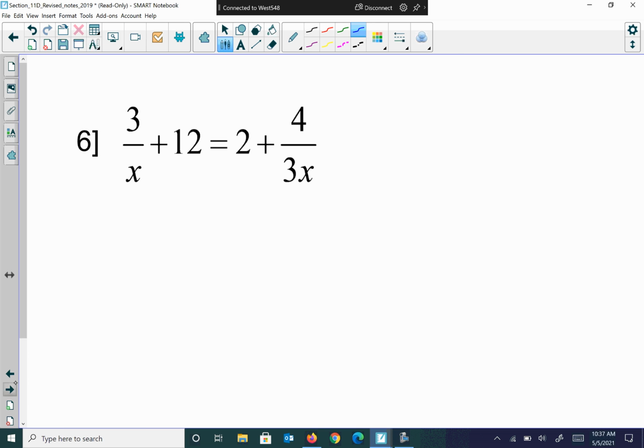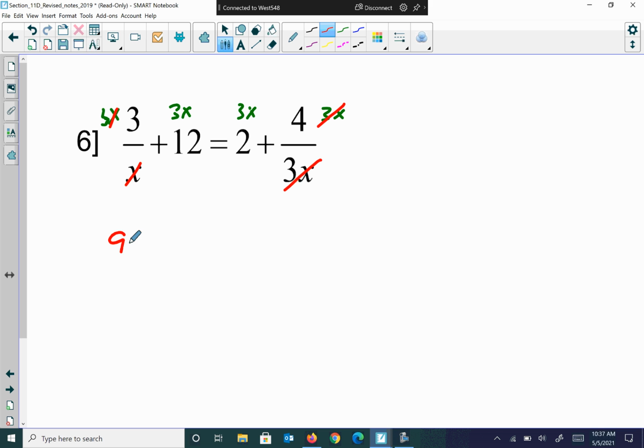All right. We can no longer cross multiply. We don't have a fraction equal to a fraction. We have a fraction plus something and something plus a fraction. So here we have to clear our denominator. If I multiply everything by 3x, and I'm not multiplying by 3x over 3x, I'm multiplying everything just by 3x, these cancel here. This x cancels here.